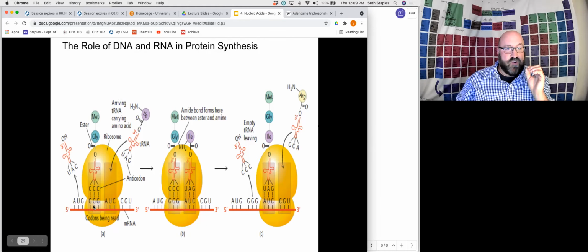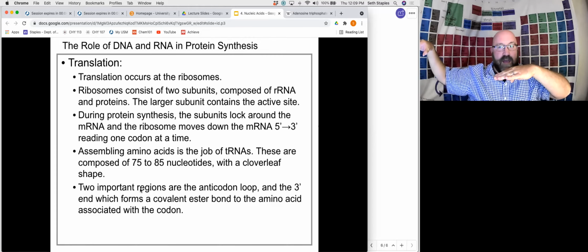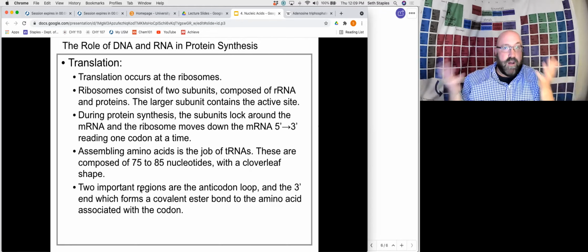There's some other stuff going on in there with anticodons that we're not going to get into in that much detail. But that ends up telling us that we need a glycine and so forth. So that's what ends up happening in our ribosomes: the messenger RNA gets trapped in there, and the ribosome moves along the messenger RNA and reads the codons to figure out what amino acid needs to be formed.